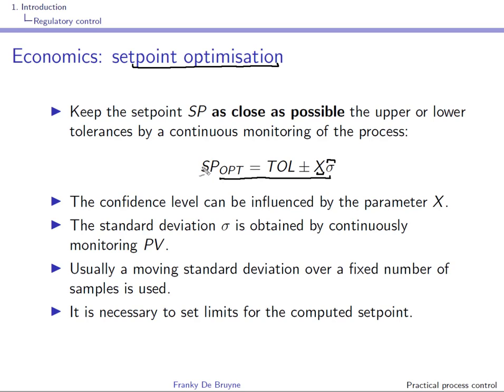Of course, if you do such a thing, well, you have to implement measures so that this computation of the optimal set point can be done in a safe fashion. For instance, that there is a maximum and minimum value, and that there is some gradient that is imposed.